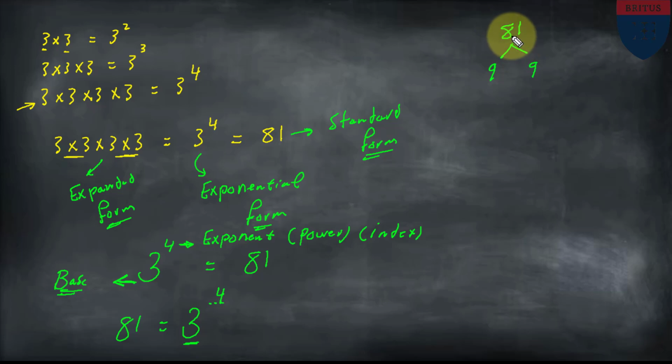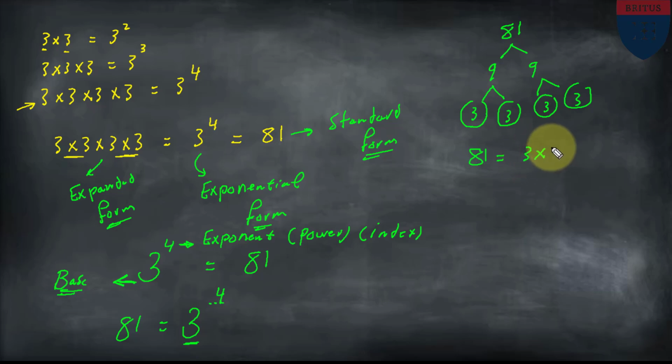We studied in grade 5. 9 is 3 times 3. Now, circle the prime factors. 3, 3, 3, 3. So, we can write 81 as 3 times 3 times 3 times 3. 3 times 3 equals 9. 9 times 9, we get 81.